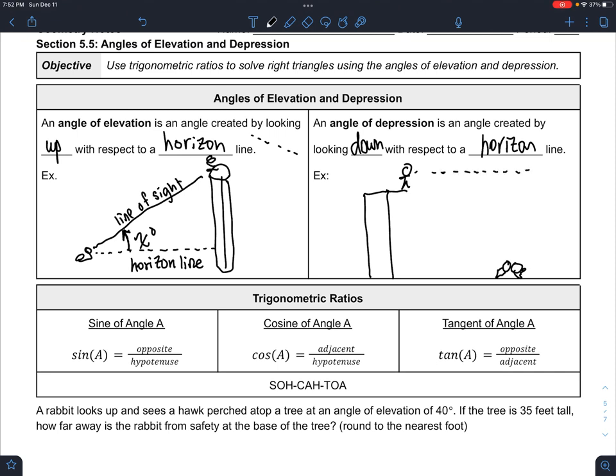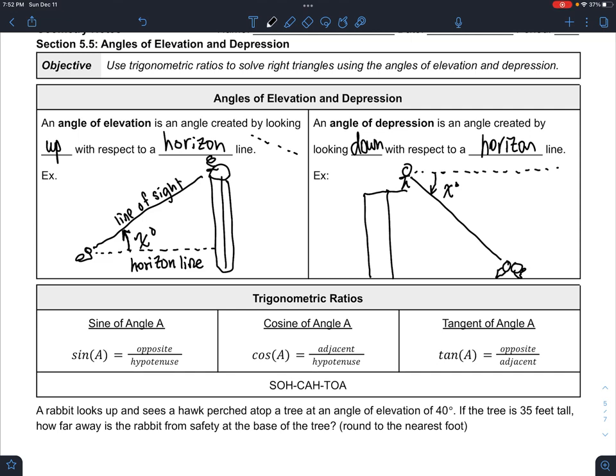Your horizon line is still flat across, but your line of sight is at those ducks. So it's an angle down, and we can call it x or whatever. The horizon line is always dotted and always horizontal. But your line of sight is your final turning point, where your angle is turning towards.